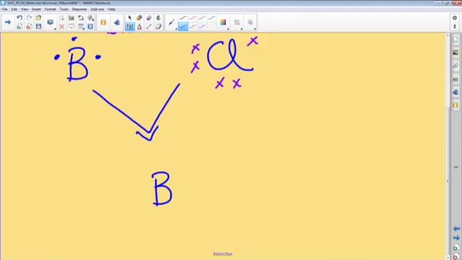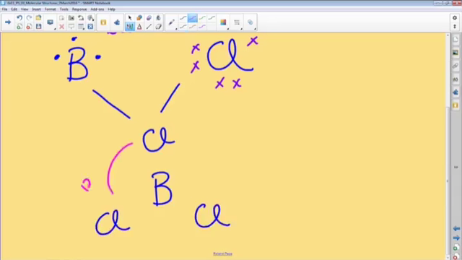So I'm going to have a little bit of space here. I'm getting too enthusiastic. I'm going to have a chlorine over there, a chlorine over there, and a chlorine over there. And hopefully, if I was to measure it, that would be a 120-degree angle.